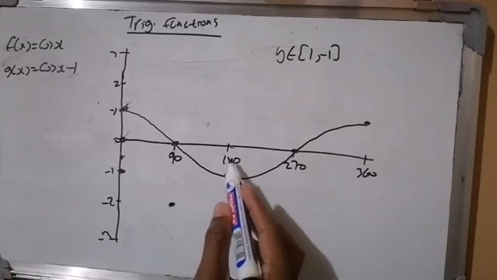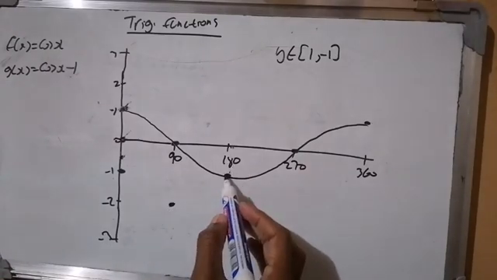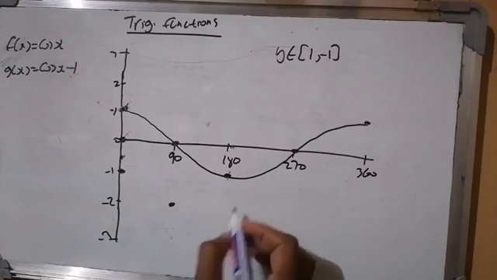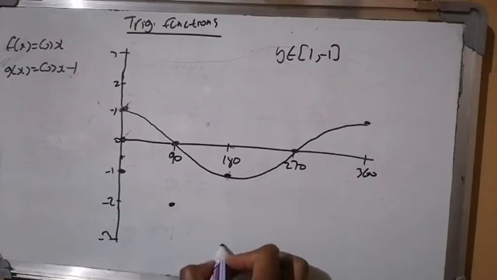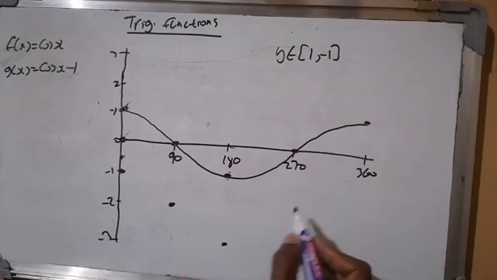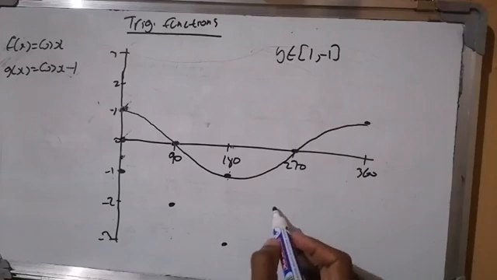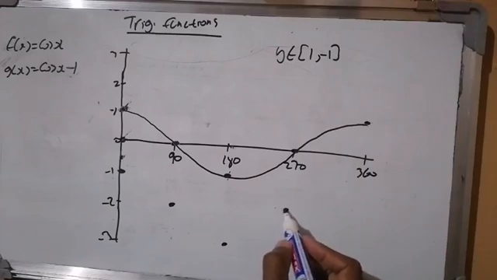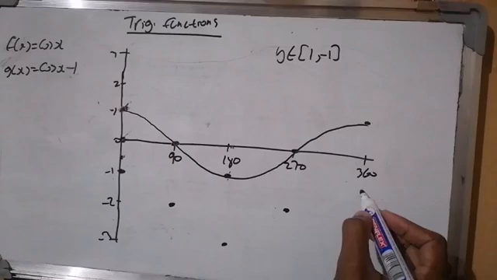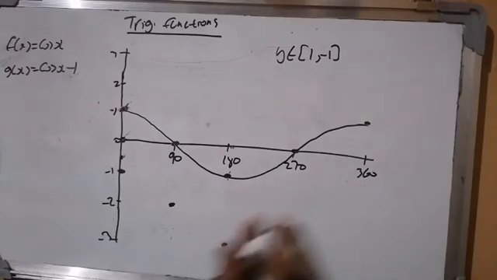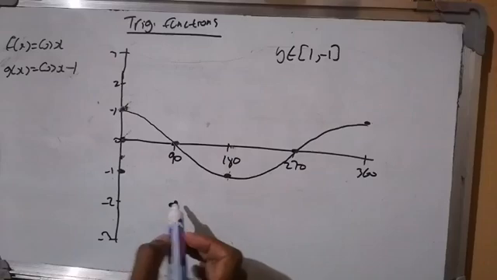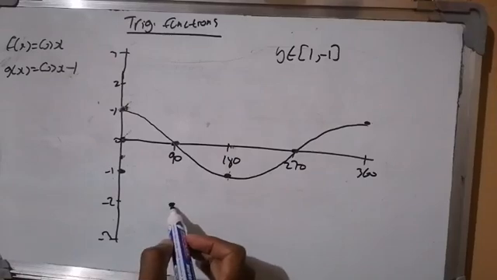And then at 180, it's going to take you to -3. And then if you go for 270, it's going to take you to -2. Then 360 is going to take you to -1.